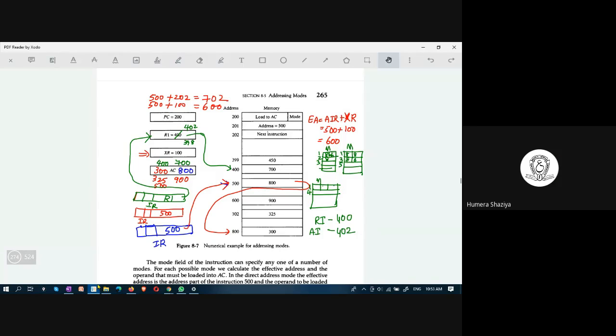Because in each word you have 3 bytes. Do you understand why we are making it 402? Yes, ma'am. Student, the one who asked me the question. Yes, ma'am. Understood, ma'am. Very good.